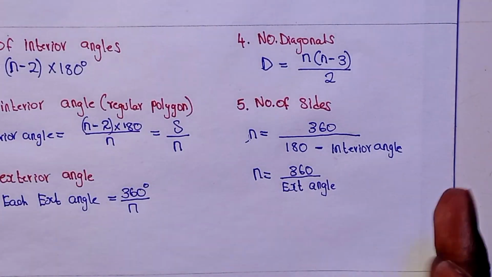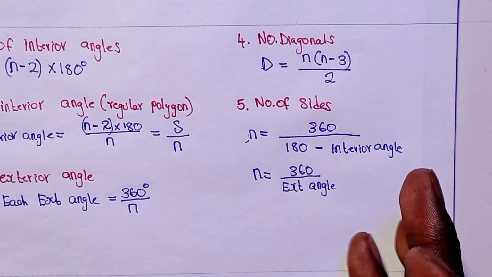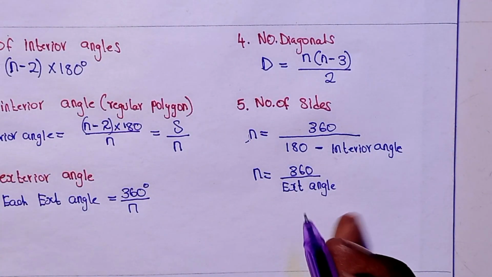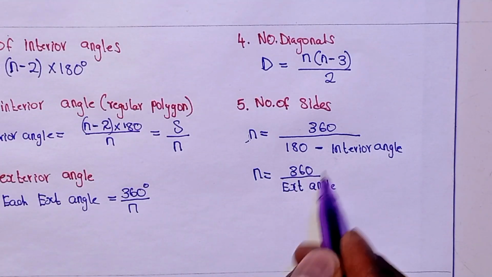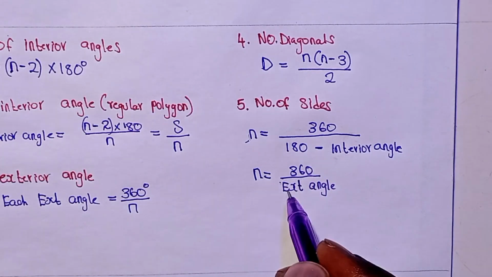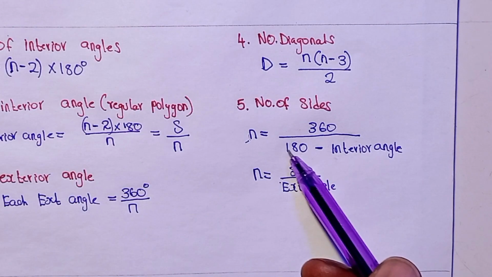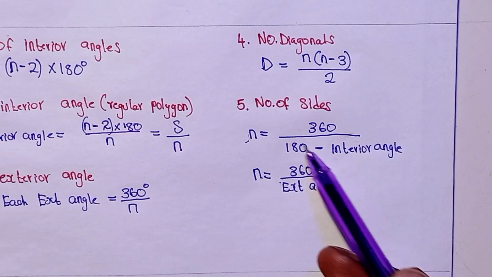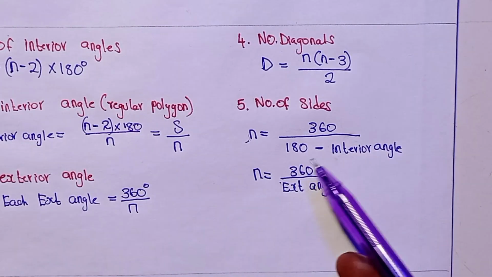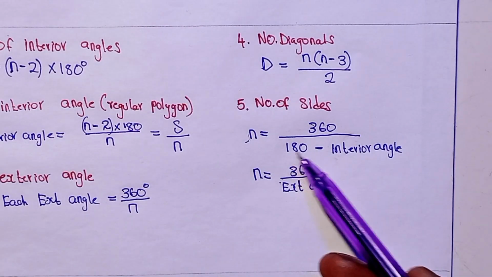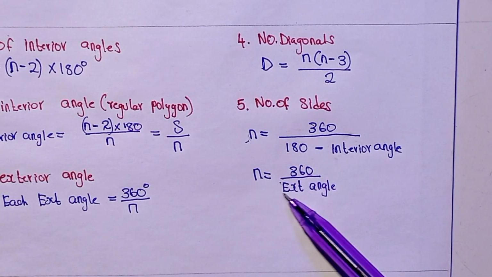So if we have one exterior angle, we can just do 360 divided by the exterior angle. From what you know, if we have 180 and 180 minus the interior angle, this means that 180 minus the interior angle will give us the exterior angle.